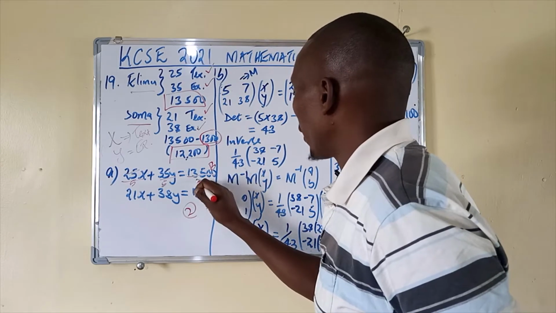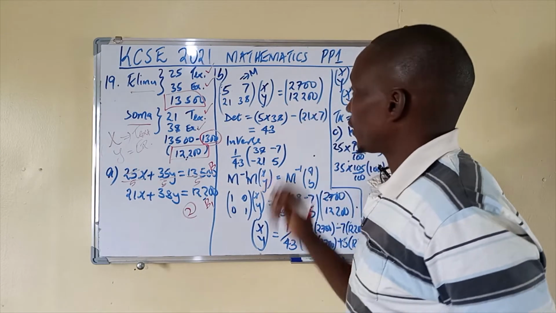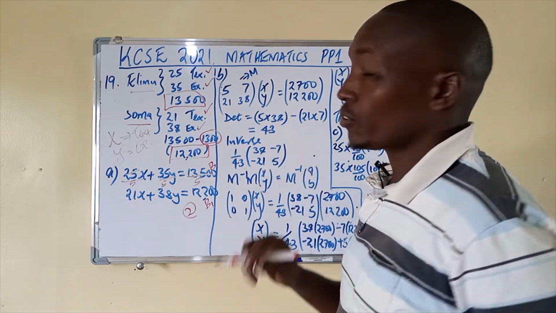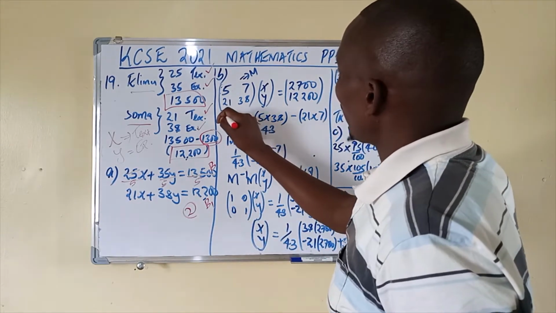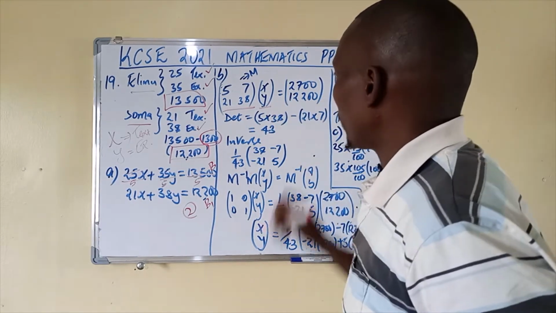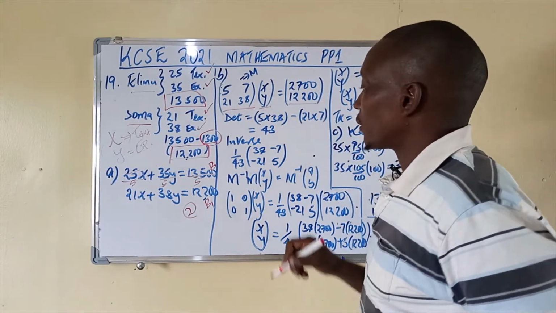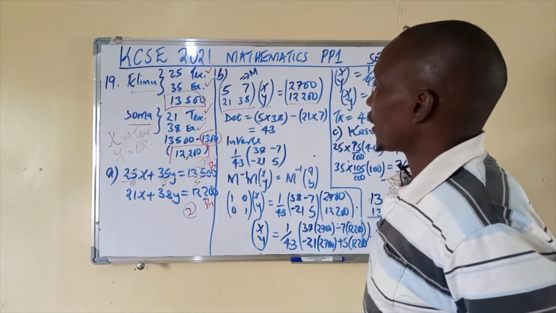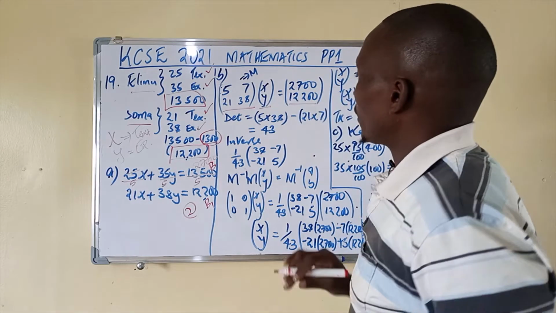And this one, if you divide by 5, you get 2,700. So I have tried to represent the matrix of the coefficients that way, the matrix of the variables, and the matrix of the constants. Now, in this case, remember this will be 2,700. So this is the first representation.